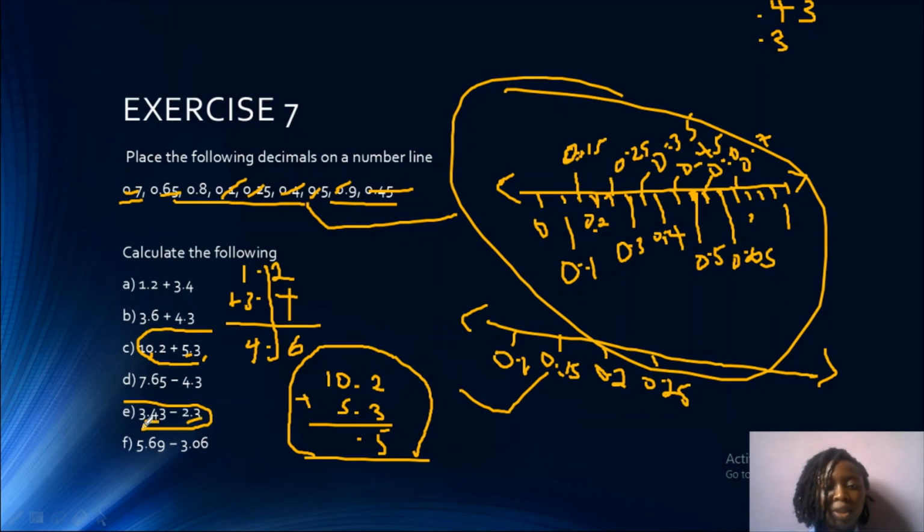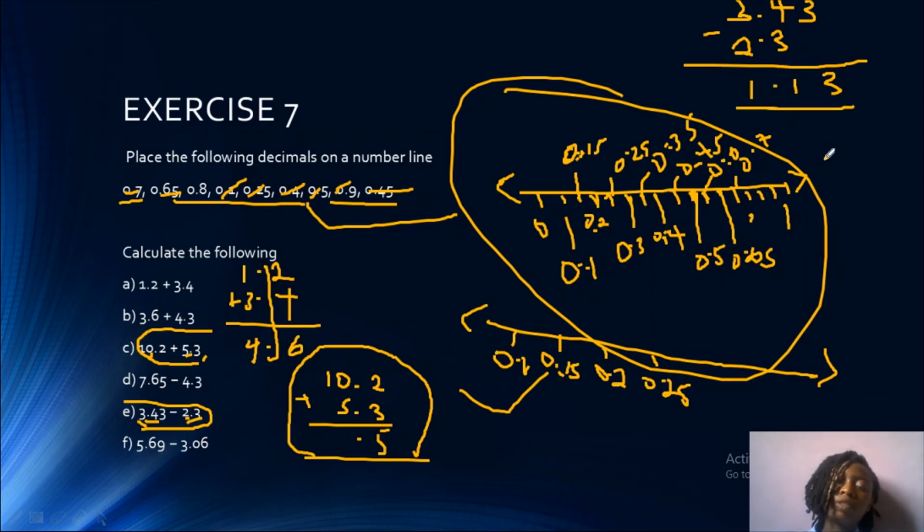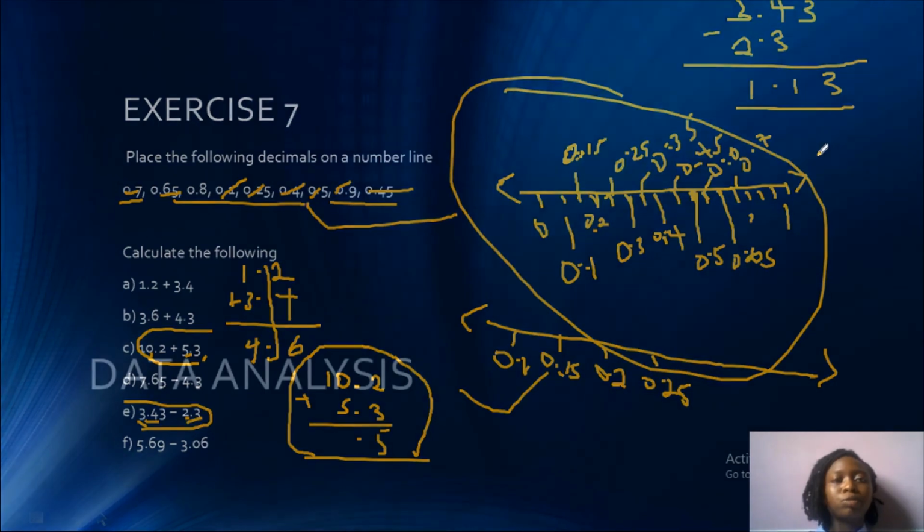Before this point, I have 3. Before this point, I have 2. So it's subtraction. So 4 minus 3 is 1. 3 minus 2 is 1. 1.13. Okay. So you do the rest and send it to me in Google Classroom.